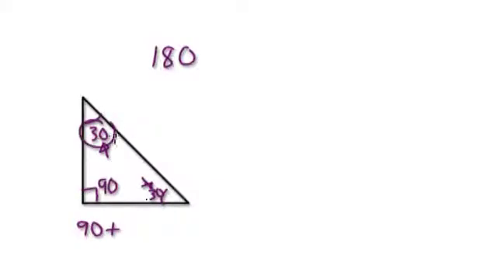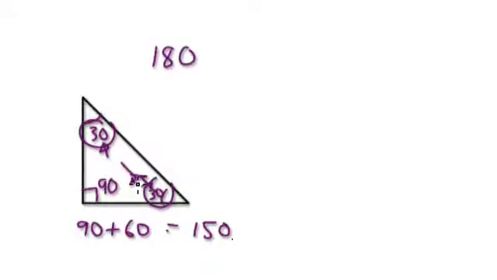Well, if this is 90, this cannot be, let's say, 30. Because look at this here. I know that all the angles added together inside a triangle must come up to 180. Well, this cannot be 30, and this cannot be 30, because 90 plus 30 here, 30 here, plus 60 here equals 150.